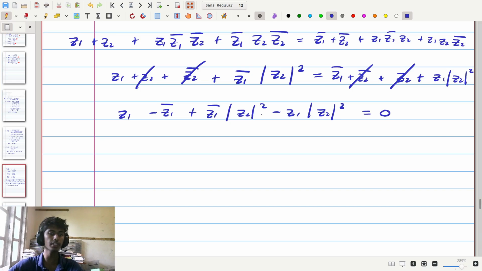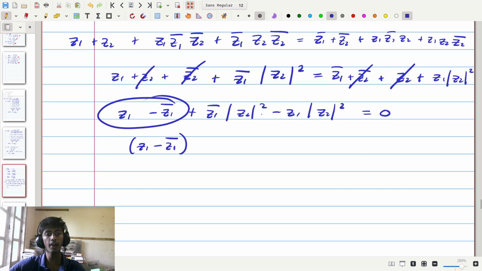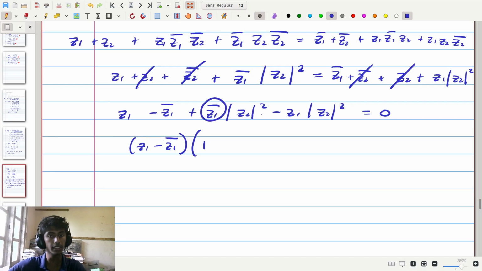Now here we can see that if we try to factor, we're going to get Z1 minus Z1 conjugate, and then we have 1 here since we have one of them, but then we have Z1 conjugate minus Z1 times the modulus of Z2 squared. If we factor out the Z1 minus Z1 conjugate here, we're going to get minus the modulus of Z2 squared.